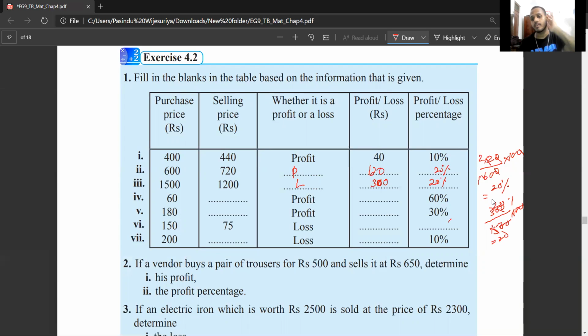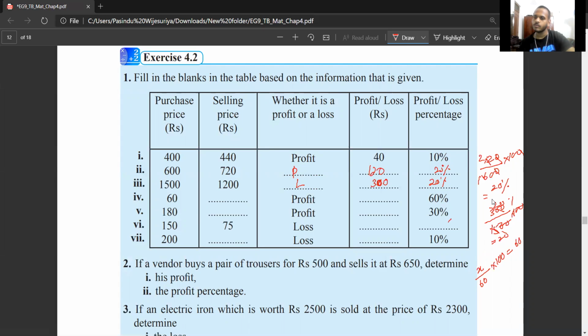So here they have given the percentage itself, and they have given the cost price. Then you can calculate. So you know it's a profit. So here the unknown variable is x. x over 60 into 100 is equal to 60%.